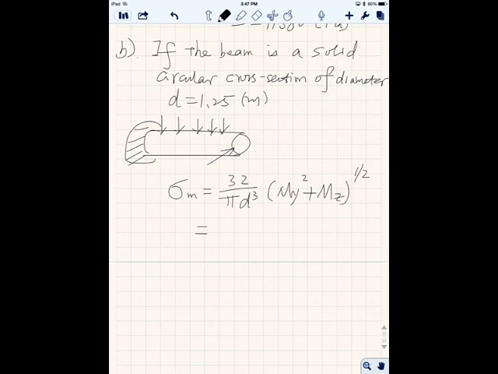So 32 over pi d cubed times 800 squared plus 1600 squared, sorry, missing a square over here, square root, and the diameter is 1.25. So therefore you plug in the numbers, 9329 Pascal.